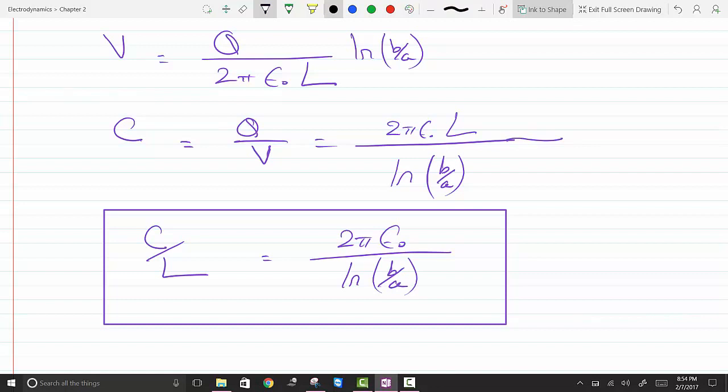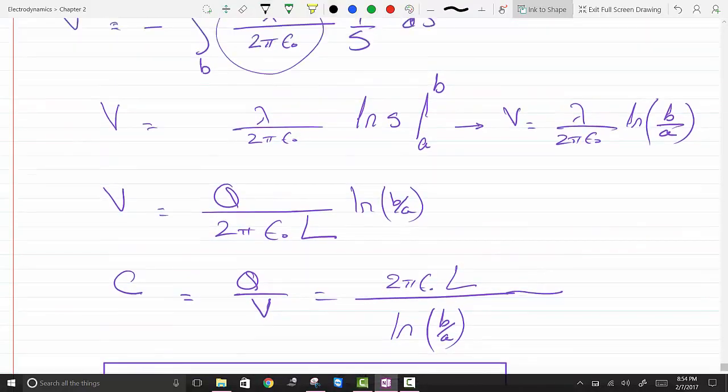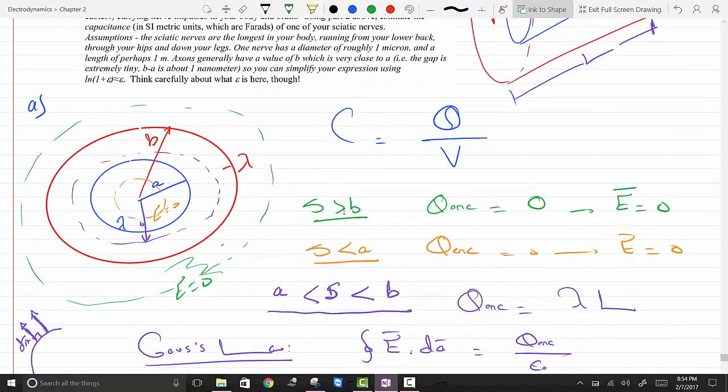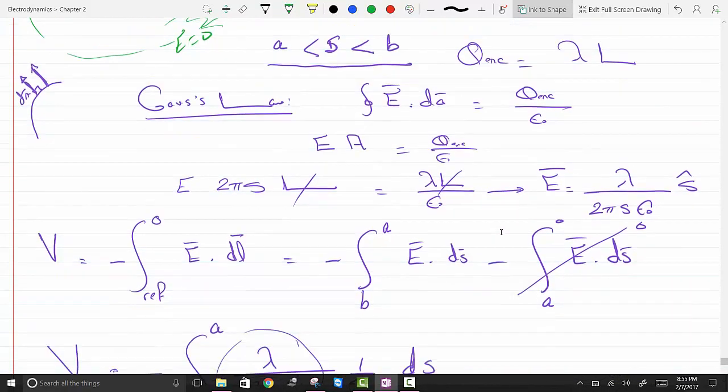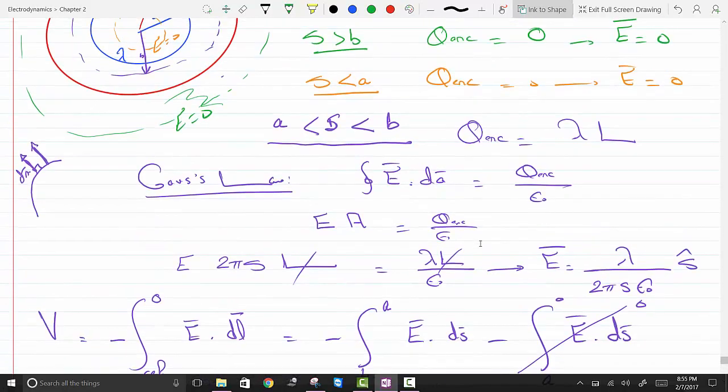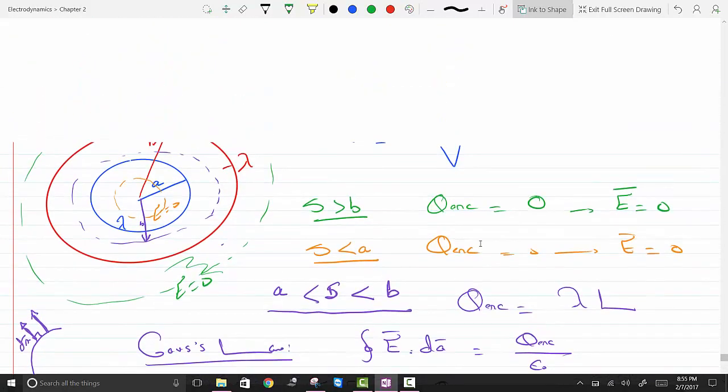Making sense what I did or no? You could have started with the charge without involving lambda if you want, you'd still get the same answer. I just stuck in lambda, and then at the end I went back and replaced it by Q over L. But basically the strategy on these questions is to always find the electric fields in the regions of interest.